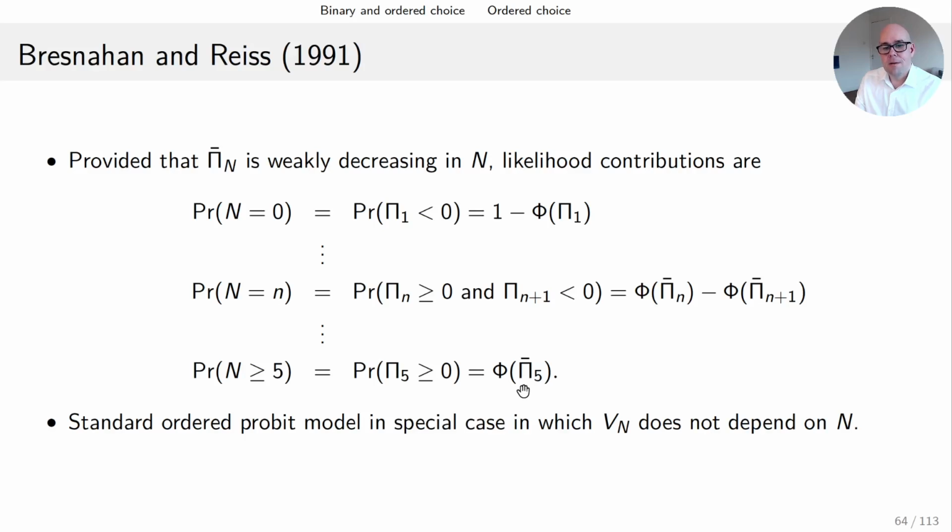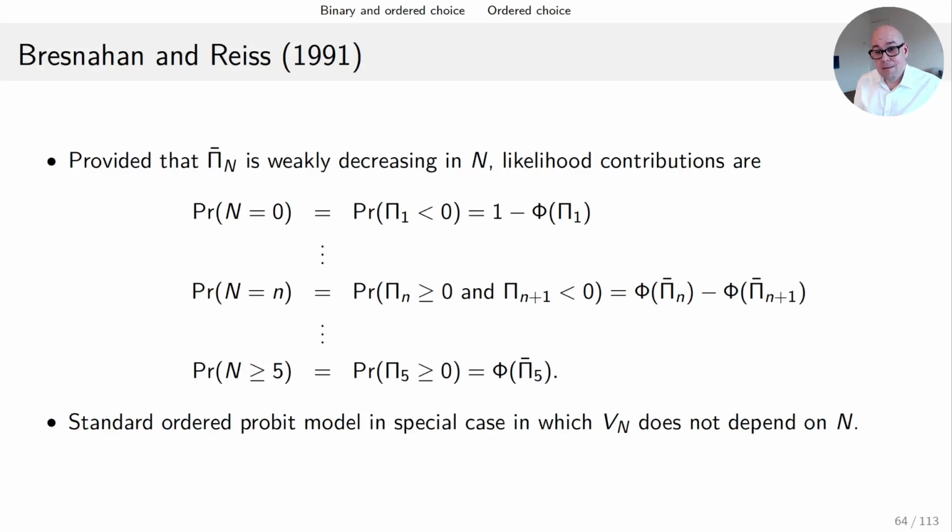Okay, now we have one thing here that is a little bit non-standard as compared to the ordered probit model, which is the dependence of one component of pi bar n on n.